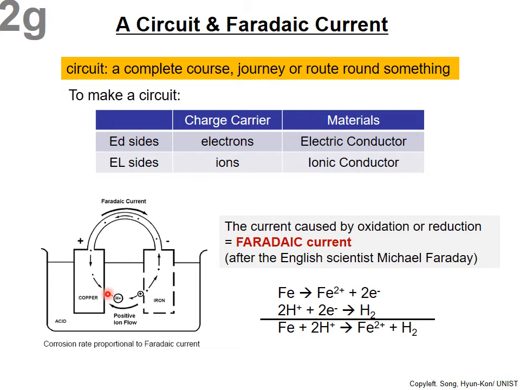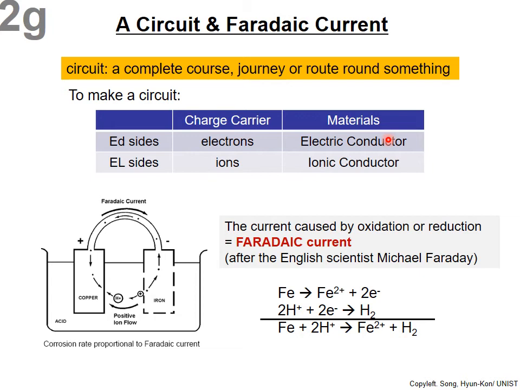So let me try to find differences between the electric pathway and the ionic pathway. The electric pathway found on the electrode side is like that. So the charge carrier of this one is the electron. Of course, the material of the electric pathway should be an electric conductor because the charge carrier is the electron.